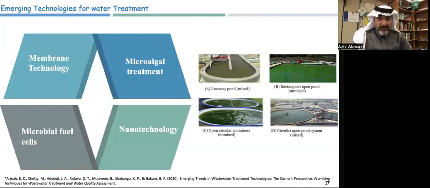The use of microalgae-based wastewater treatment depends on the type of algae, and there's a lot of science in microalgae: the size, the type, the species. They are commonly used in open ponds and closed bioreactors. Also, we have the microbial fuel cell.